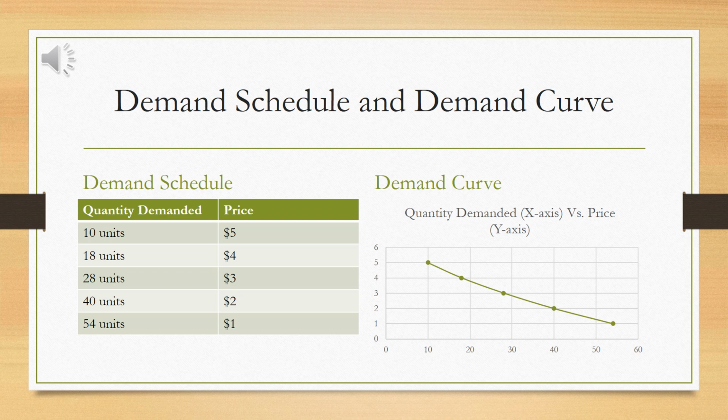When the price was $1, the quantity demanded was 54 units. The graph aside is the depiction of the demand curve that was drawn based on the demand schedule. We can see that the x-axis portrays the quantity demanded and the y-axis shows the price.